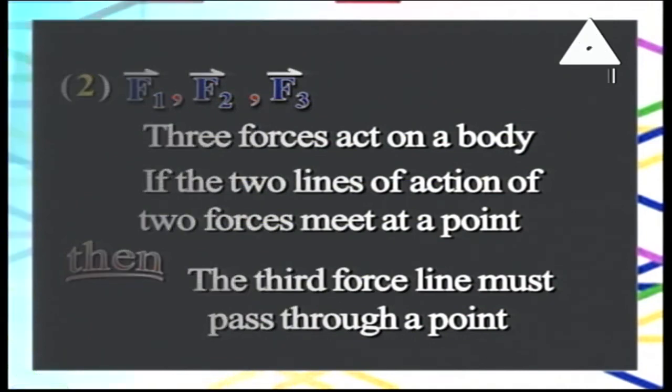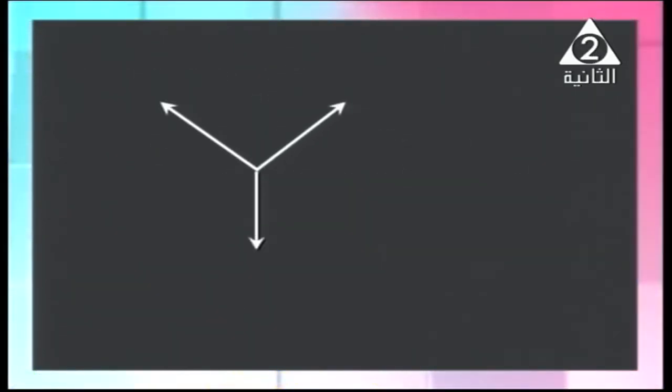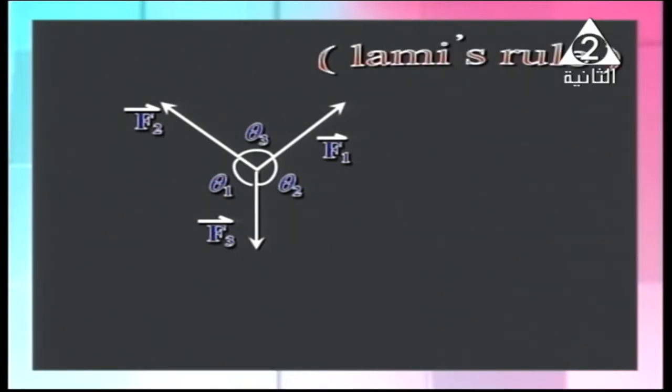Look at the opposite figure: three forces F1, F2, F3 act on a body. The angle between F1 and F2 is theta 3, the angle between F1 and F3 is theta 2, and the angle between F2 and F3 is theta 1.